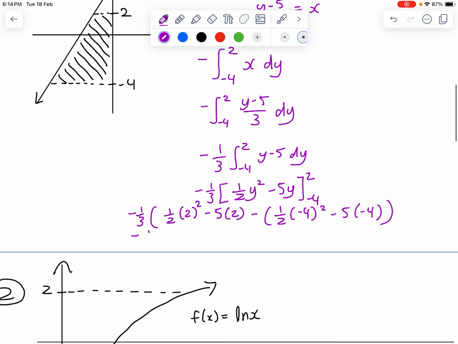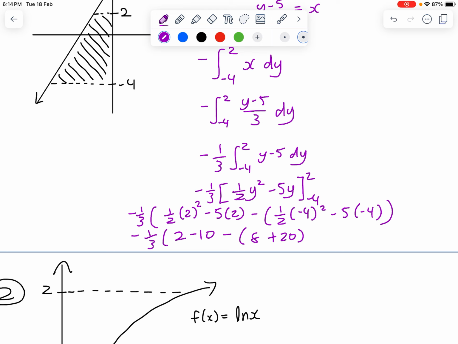Now let's simplify. 1 over 2 times 2 squared is just 2, minus 10, minus, and 1 over 2 times negative 4 squared is 8, plus 20.